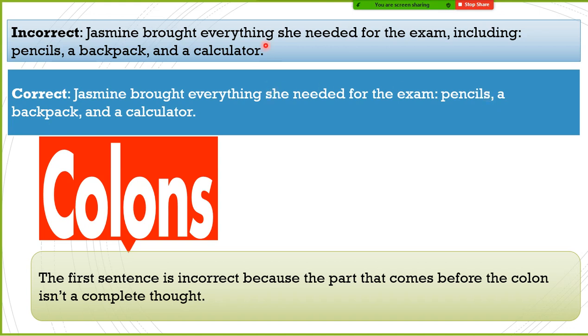So, as I told you, the first one is incorrect because the part that comes before the colon is not a complete thought. Why? Because I have "including" here. Before the colon, it should be a very complete thought where I can put a period instead of it. But by using "including" here, this is a mistake. I cannot use this.